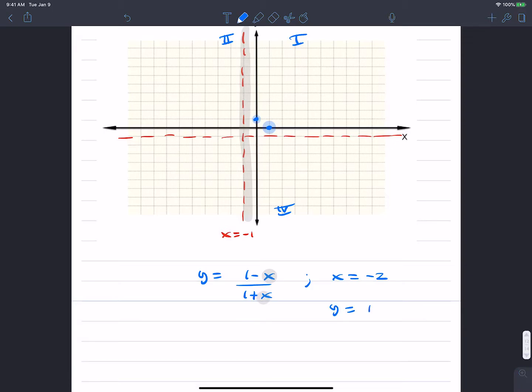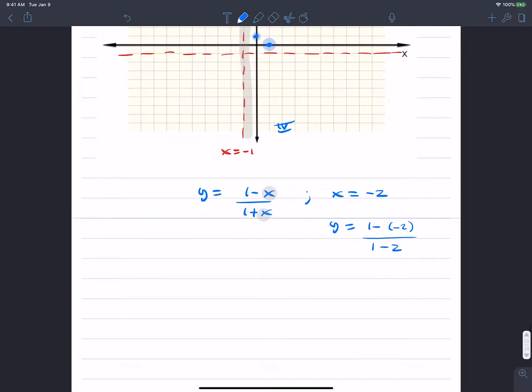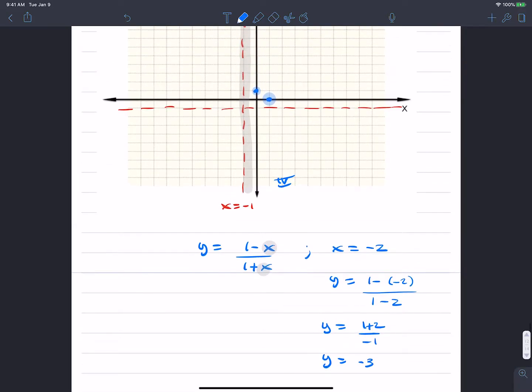That means y will be 1 minus a minus 2, which is 1 plus 2, over 1 plus -2, which is -1. What do we know about y? Is that -3? So when x is -2, y is -3. That's the location here.